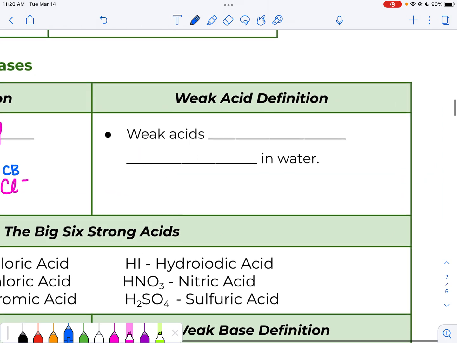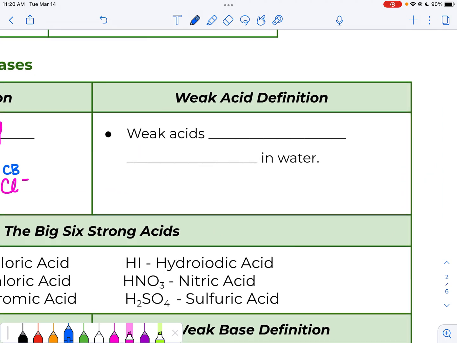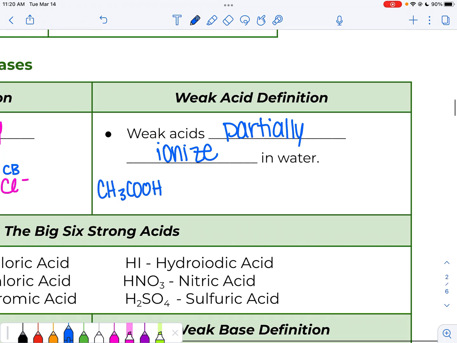Weak acids, however, are a little bit tougher because weak acids only partially ionize in water. So what would this look like? Let's say we have something like acetic acid again, CH3COOH. This thing's going to react with water, and it's only going to partially ionize. So what that means is we need our equilibrium arrows.